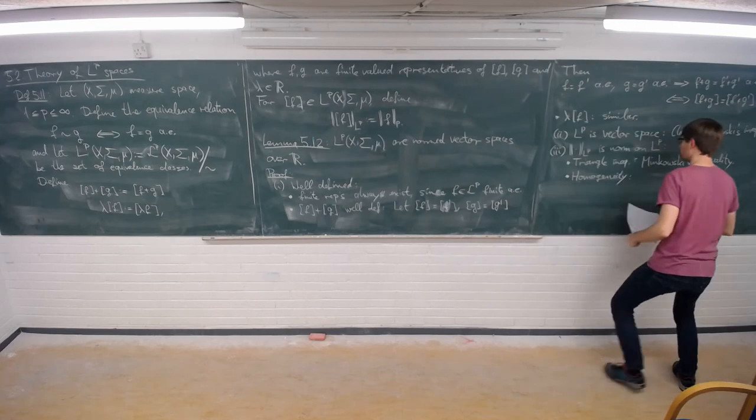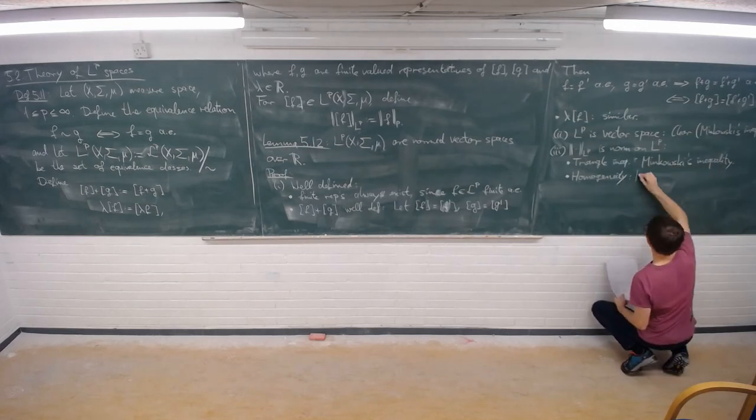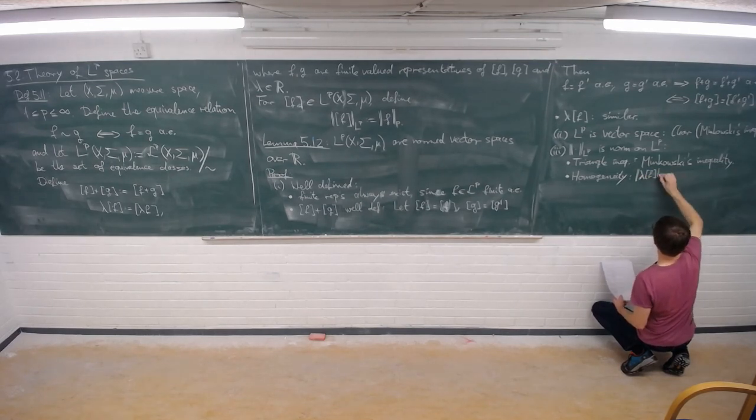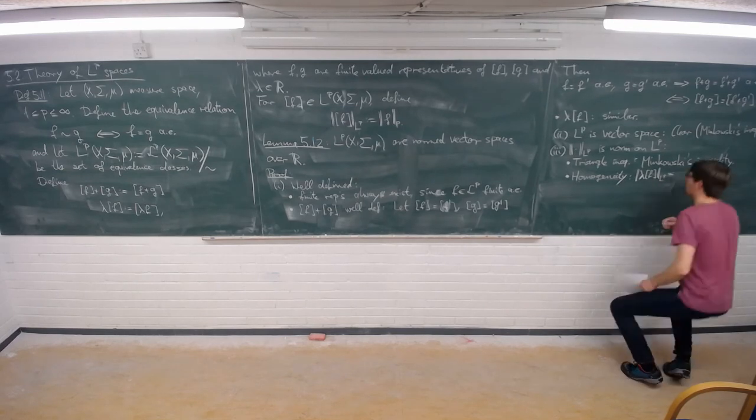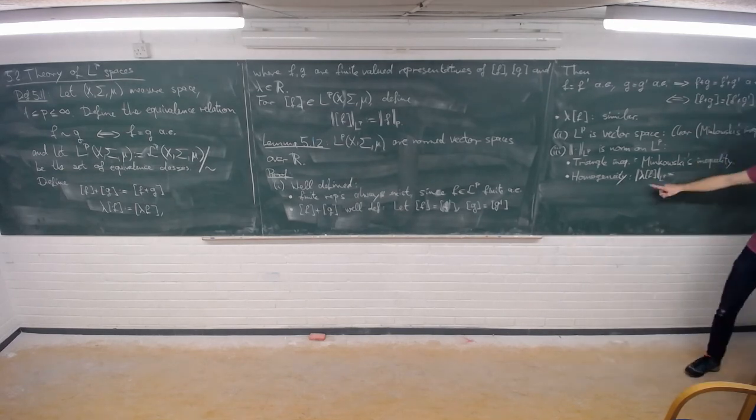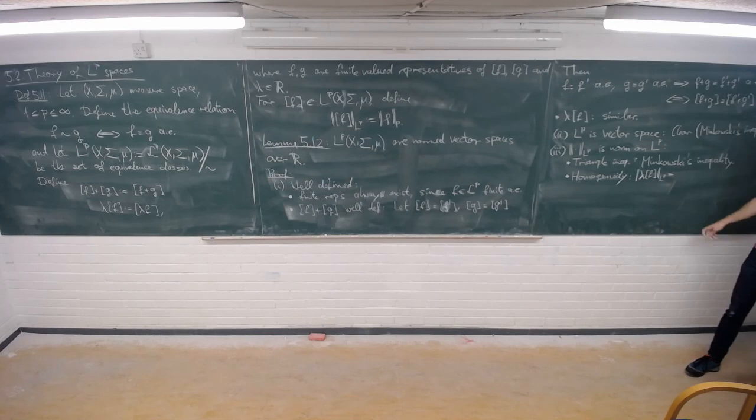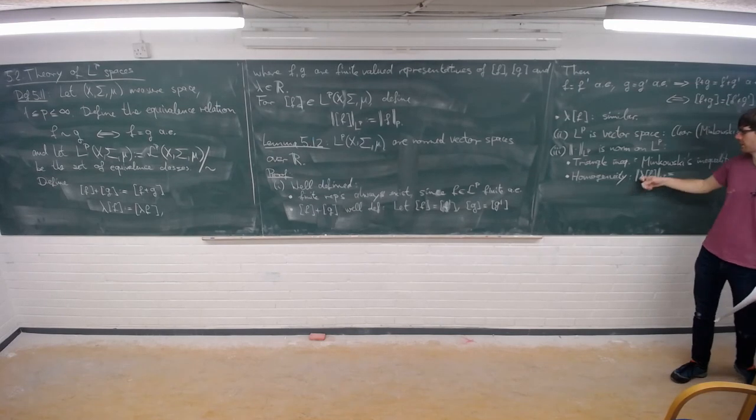So if we have the norm of lambda f for some real number lambda, then this has to be the same as absolute value of lambda times norm f.